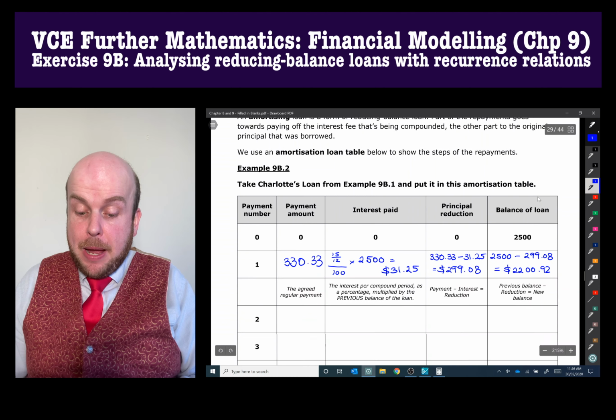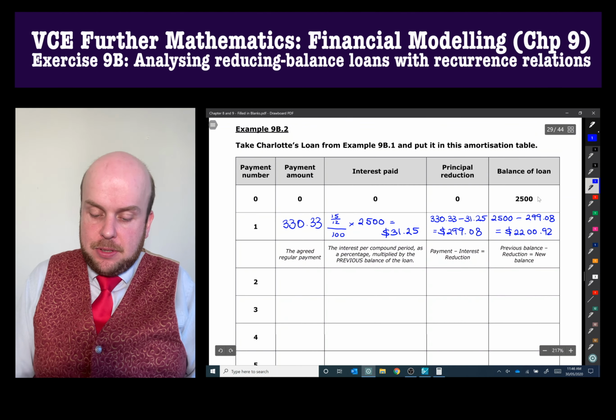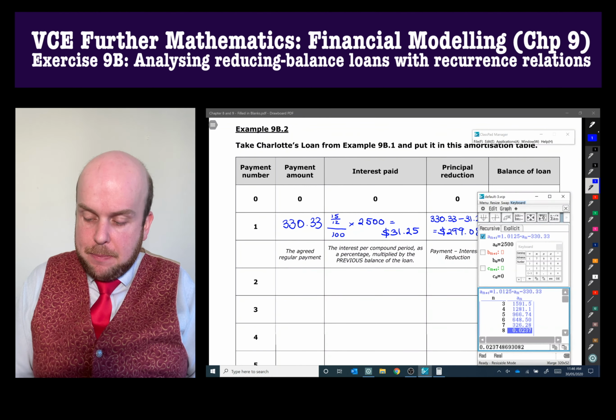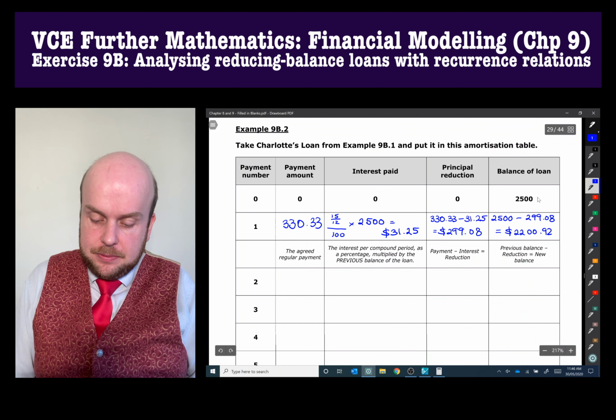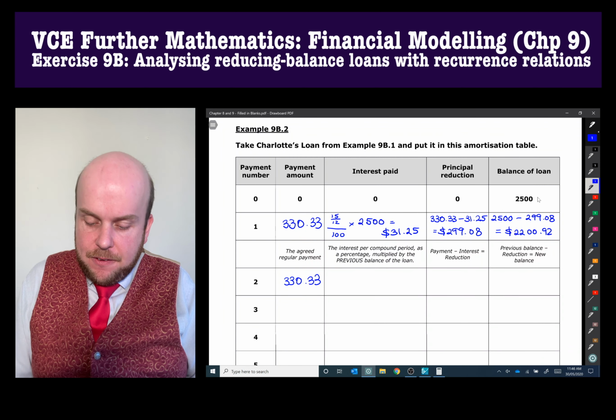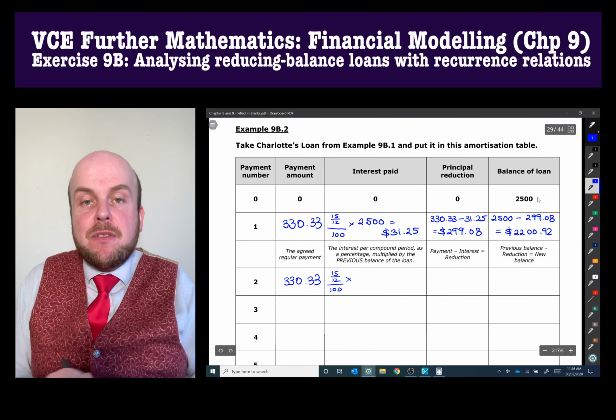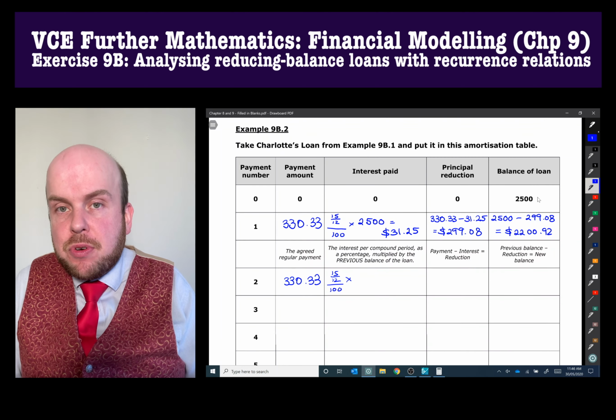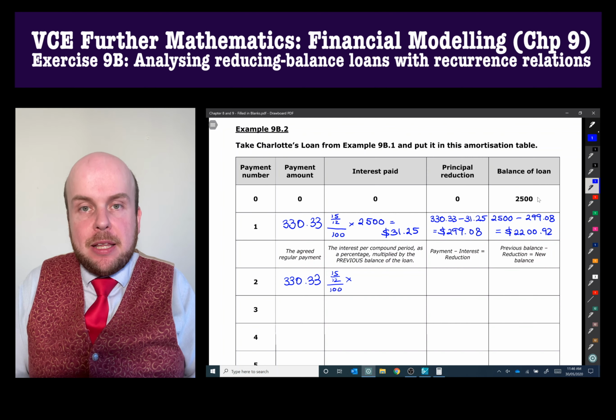So then we've got payment number 2 to worry about. Again, we've got this regular repayment, and we're going to do the same calculation, that 15 over 12 over 100. But instead of times 2,500, we take the previous balance of the loan.